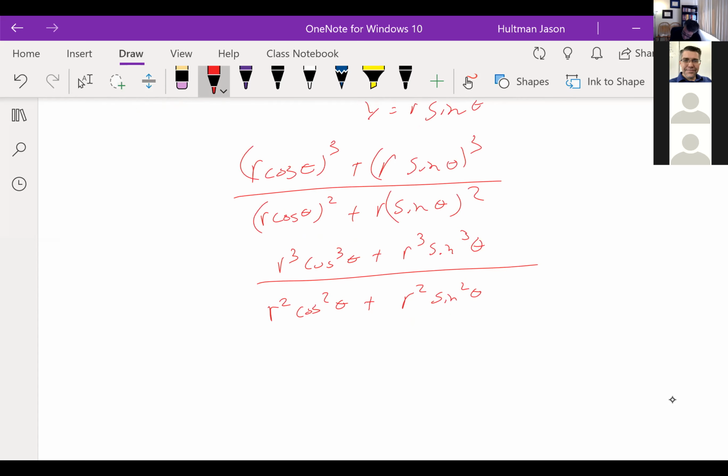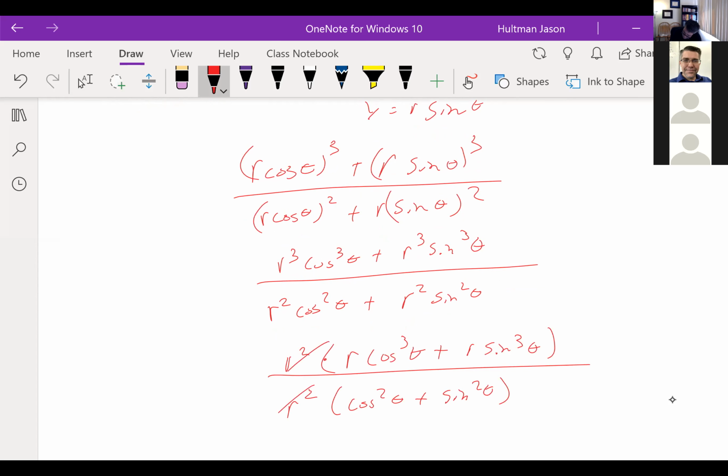Now let's just factor out the r's, an r squared on the top and an r squared on the bottom. R squared times r cosine cubed theta plus r sine cubed theta all over r squared times cosine squared theta plus sine squared theta.